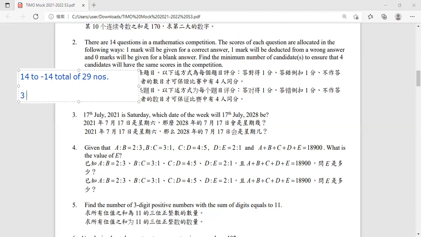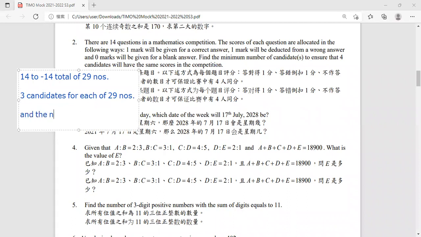Maybe it's not student candidates. The next one must be the 4th on that mark.